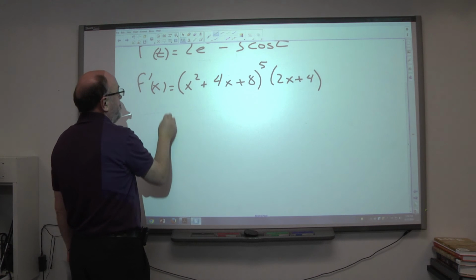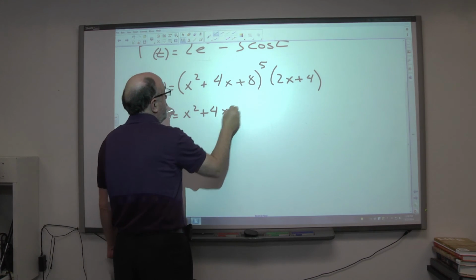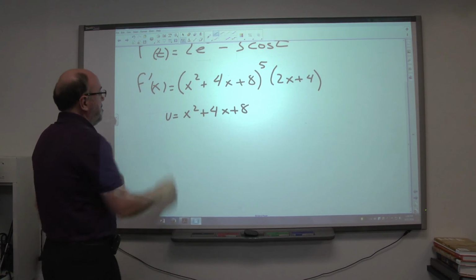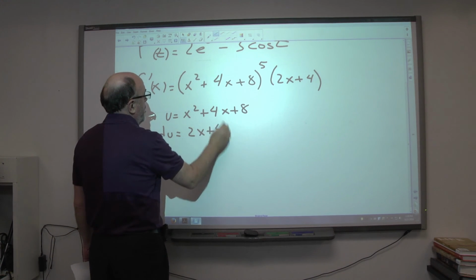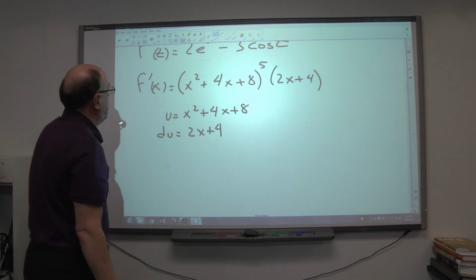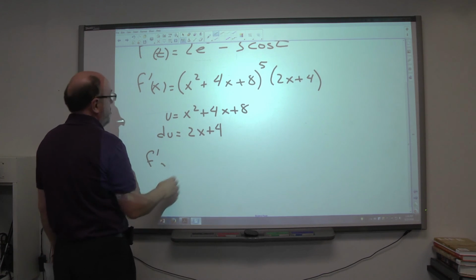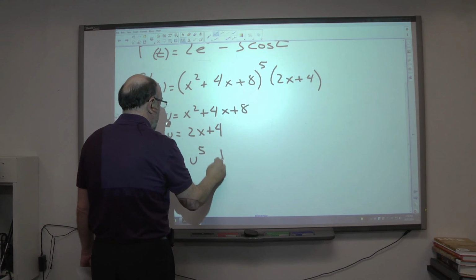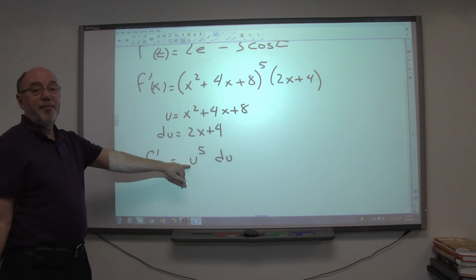So we're going to have u is going to be x squared plus 4x plus 8. The derivative of this, du, is 2x plus 4. And so we can substitute now and say that this is going to be u to the fifth du. So now this matches my basic form.